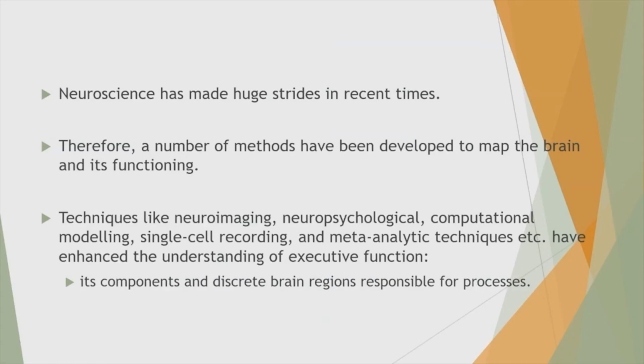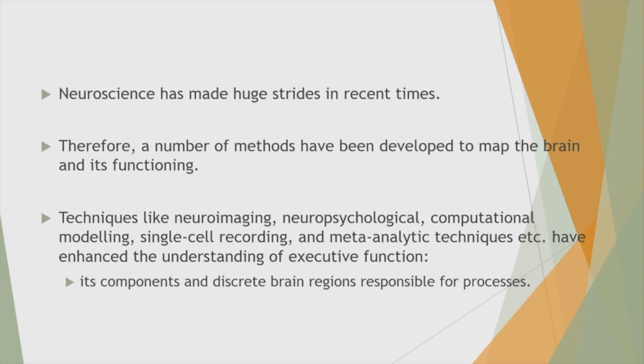Neuroscience, as we have seen in the beginning, has made huge strides in recent times. It has developed very well, it has established itself as a very advanced domain of academic enterprise and so on.